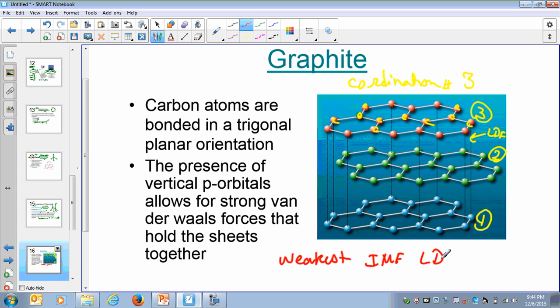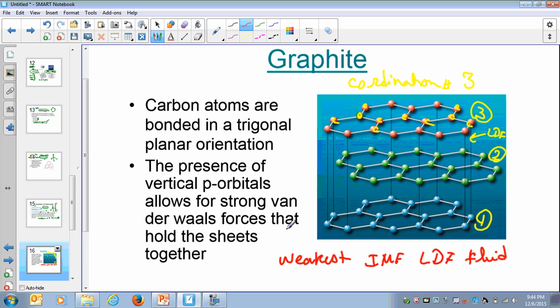That makes graphite a little bit of a conductor, not really a good conductor, but the sheets slide over each other, so it's more of a fluid shape. And we use it as, hold on one second, there is a word we use: lubricant.